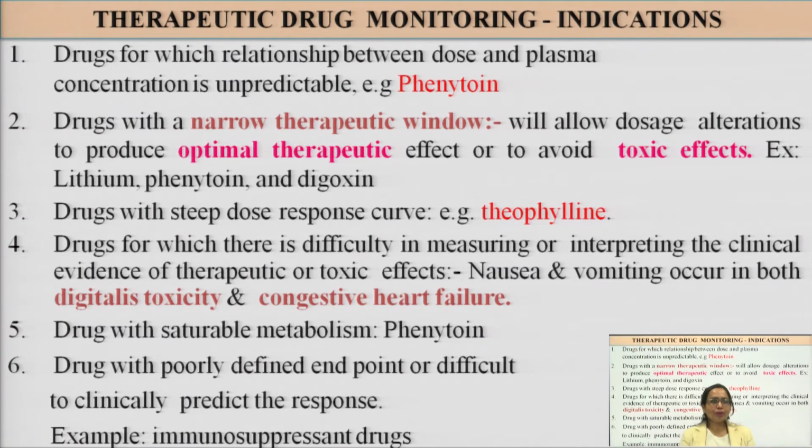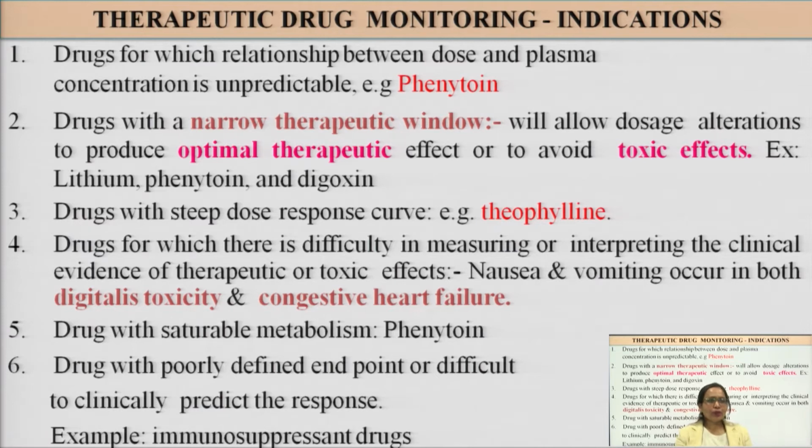For example, lithium, phenytoin and digoxin have a narrow therapeutic window which allows dosage alteration to produce optimal therapeutic effect. The next is drugs with a steep dose response curve, like theophylline; for that also therapeutic monitoring can be used.